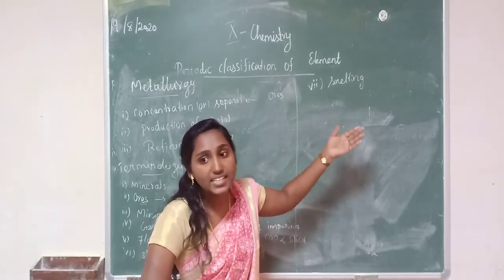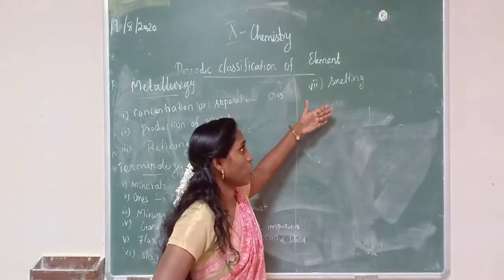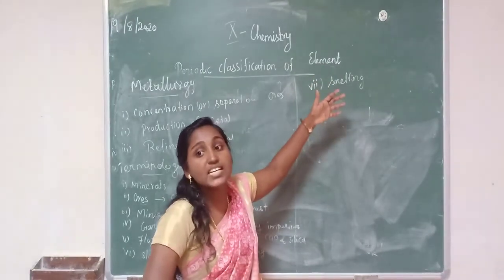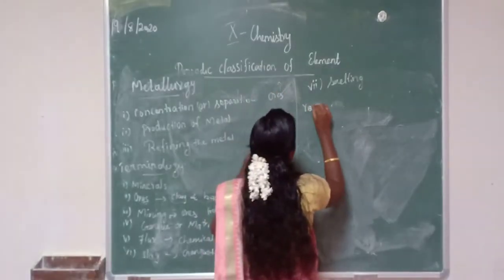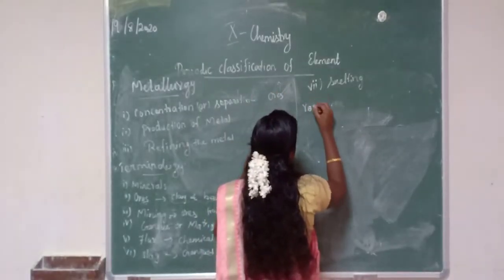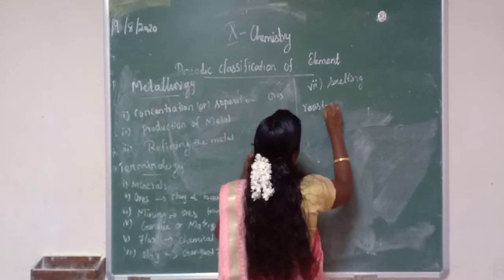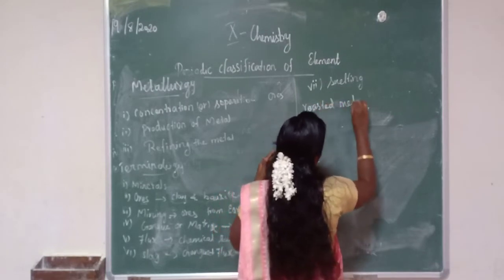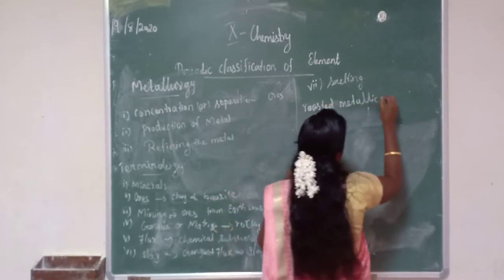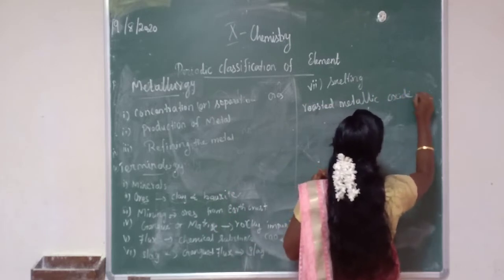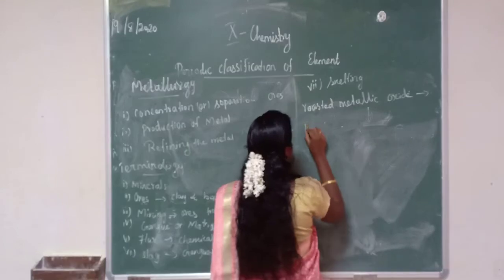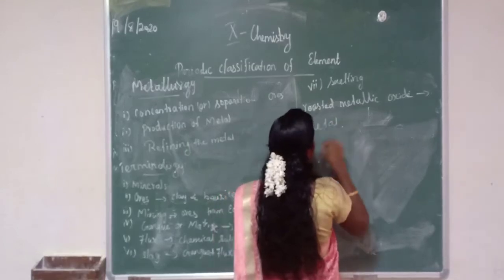Melting and separating. In this melting process, the roasted metallic oxide is reduced to metal.